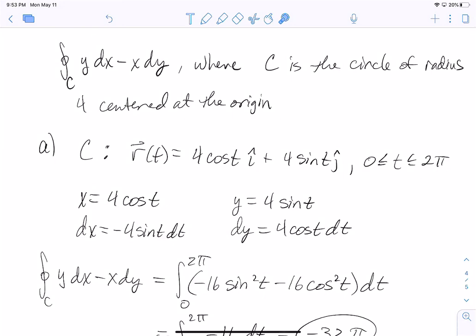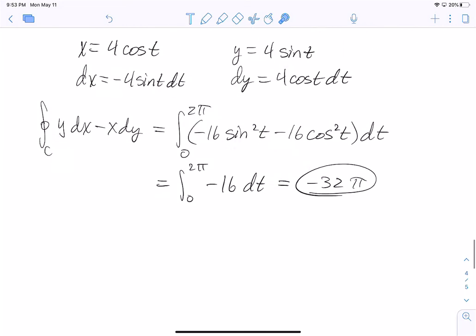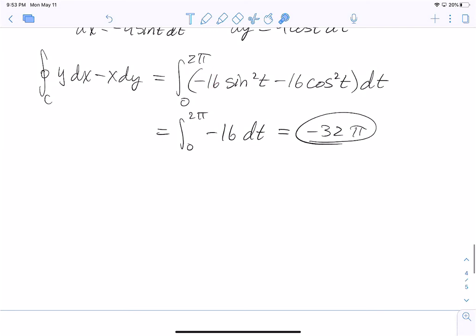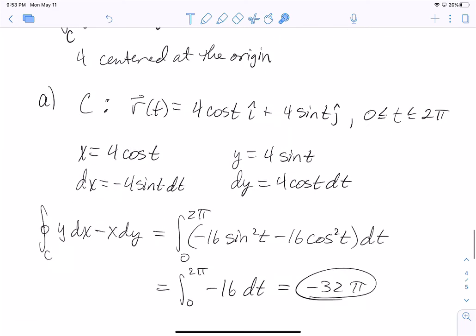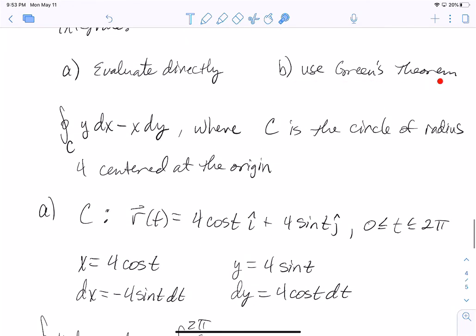All that's being integrated with respect to t, where t is going from 0 to 2 pi. Factoring out a negative 16, we end up with sine squared plus cosine squared, which equals 1. And so we are just integrating negative 16 dt from 0 to 2 pi for a result of negative 32 pi.